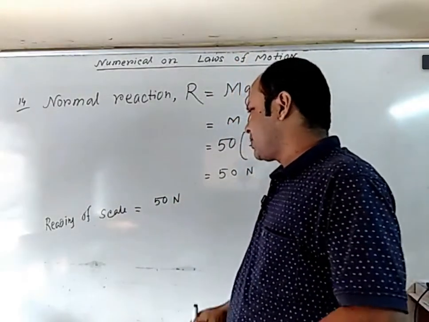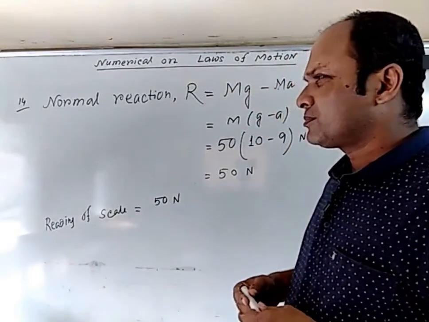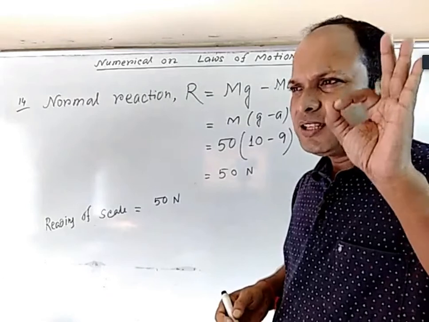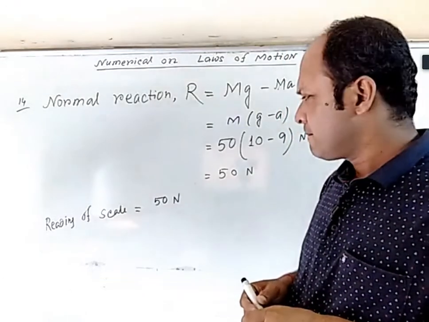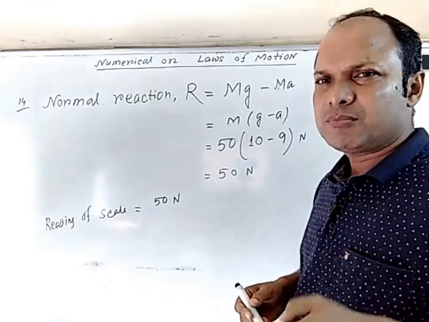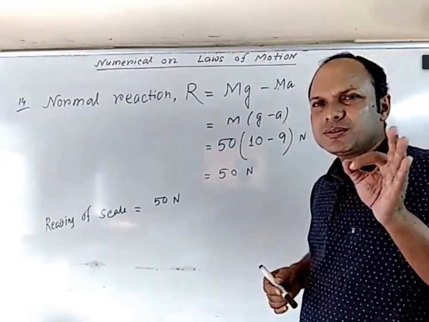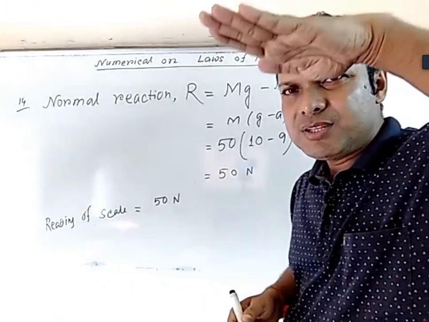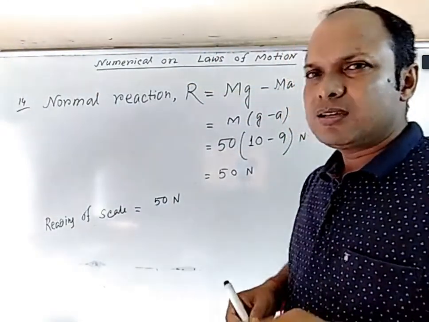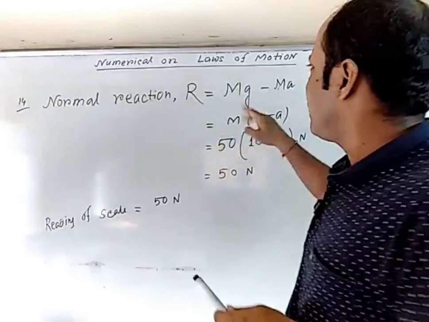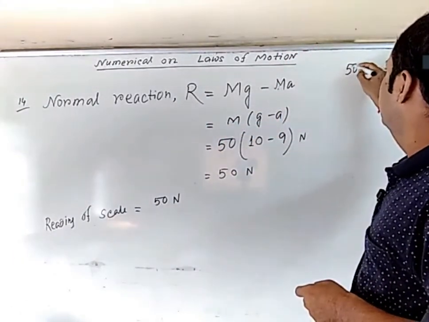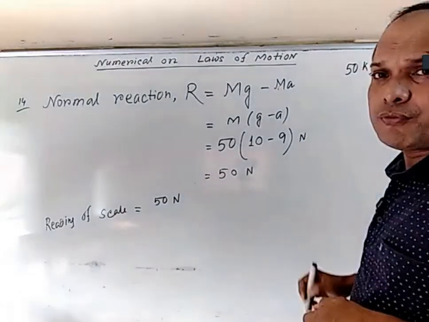Okay, 50 Newton. So if you have an acceleration in the downward direction, if you are asked that a lift is moving down, in that case, the normal weight of the object, it has 50 kg, and what is its weight?